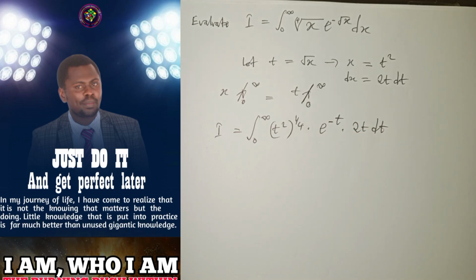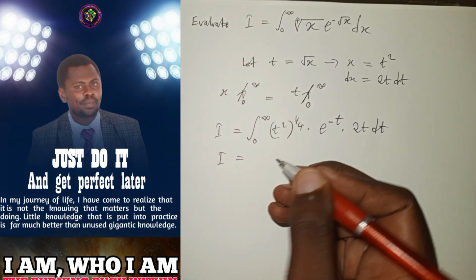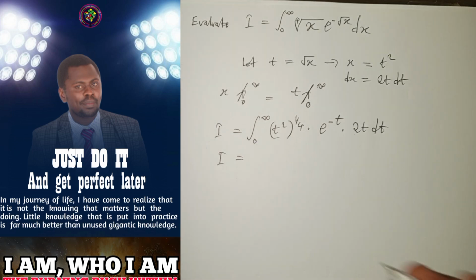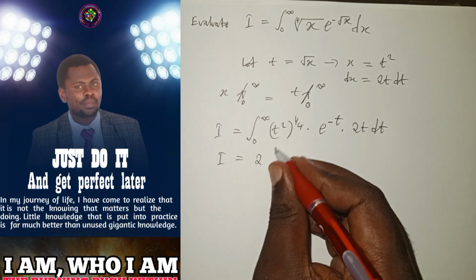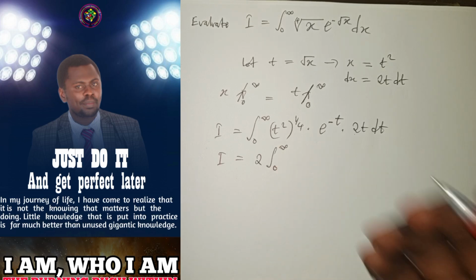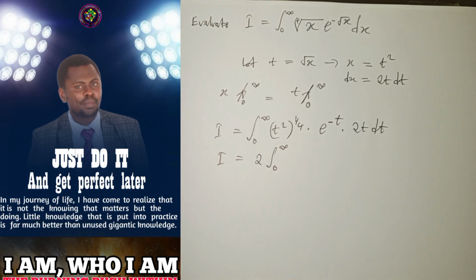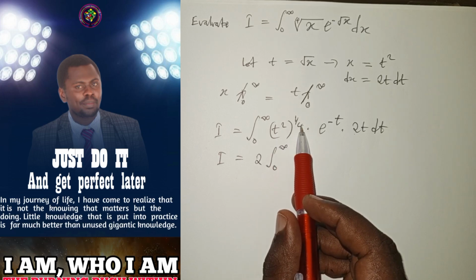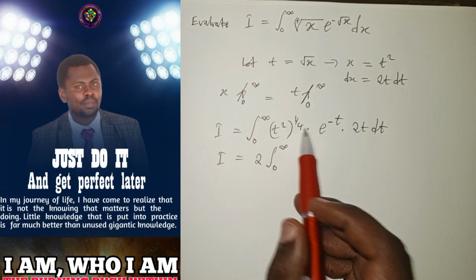Okay, now let us simplify. So I is equal to, the 2 can come to the front here. So we are going to have 2, then integral from 0 to infinity. Then 2 going into 4, that would be 2, so we have 1 over 2.